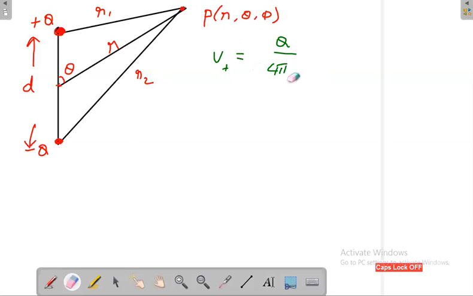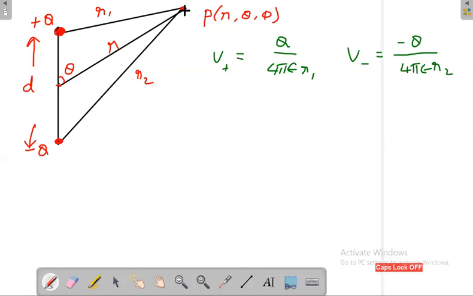Next, the potential due to the negative charge, minus q, is minus q divided by 4 pi epsilon r2.